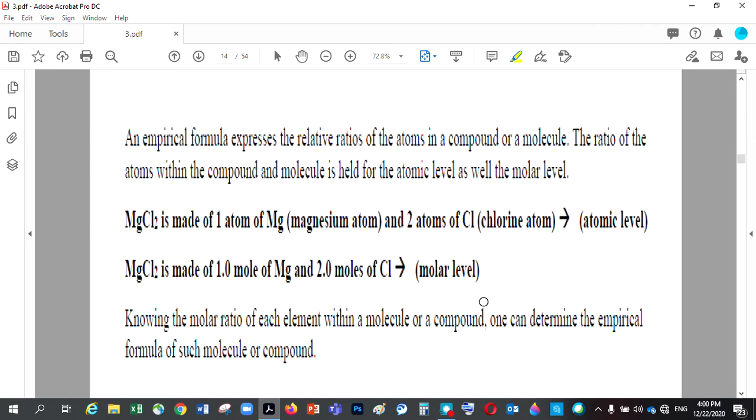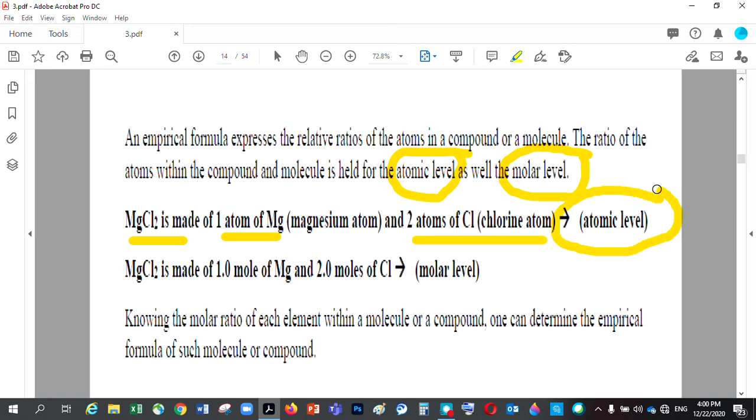So this ratio is held within the compound or molecule, for both the atomic level as well as the molar level. Let's look at this. I have magnesium chloride made of 1 atom of magnesium and 2 atoms of chlorine. This is atomic level.